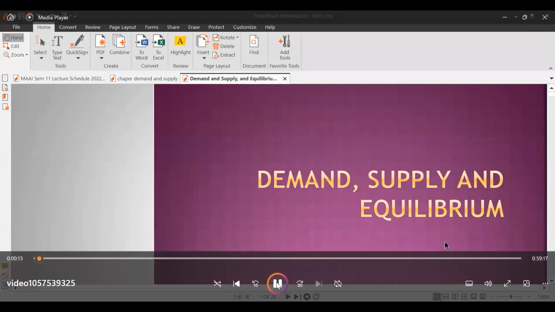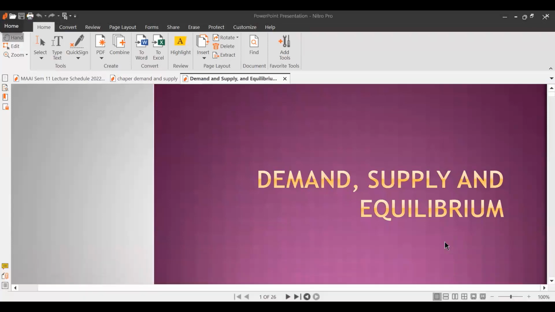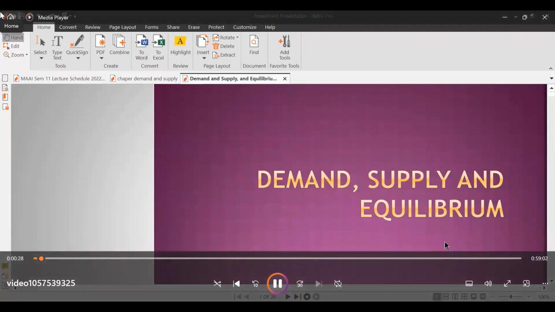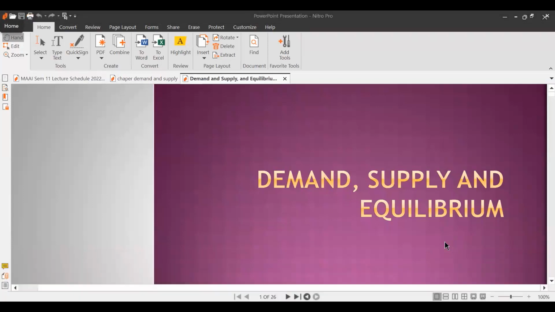We are all meeting again for the second session under business economics. I think you have the idea about the basic introduction to economics, that means what is meant by economics, then the different branches of economics as micro and macro, then the basic fundamental concepts of economics like scarcity, choice, and opportunity cost.